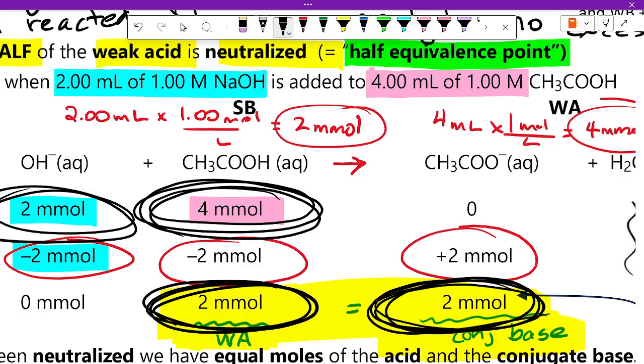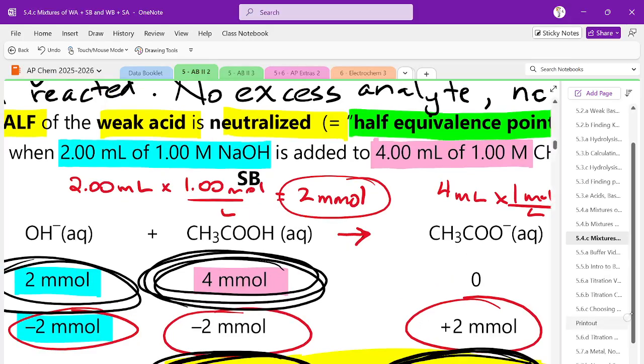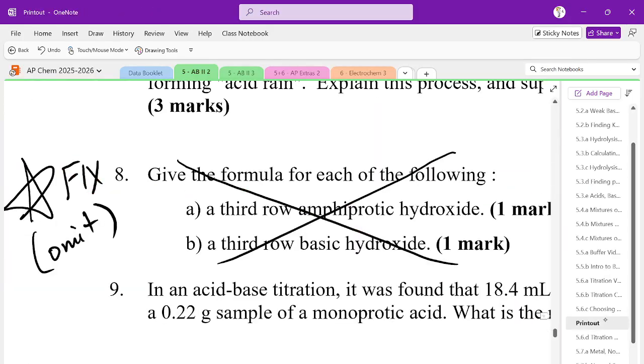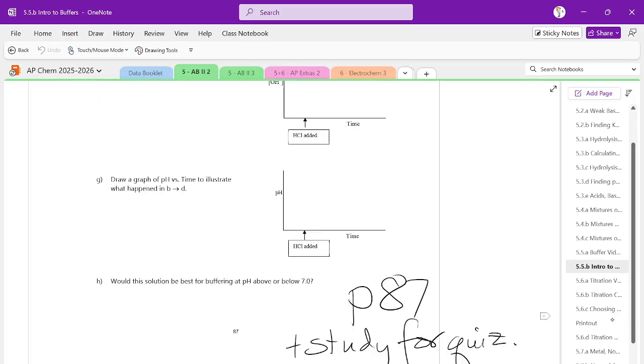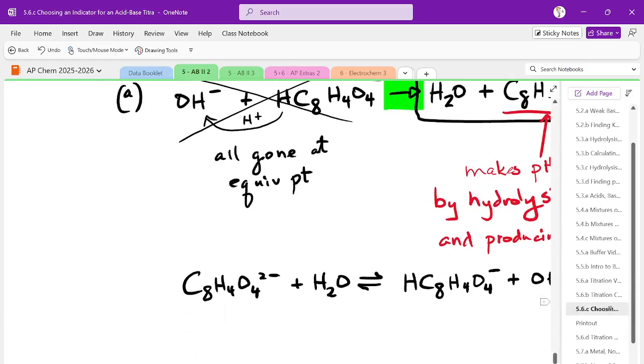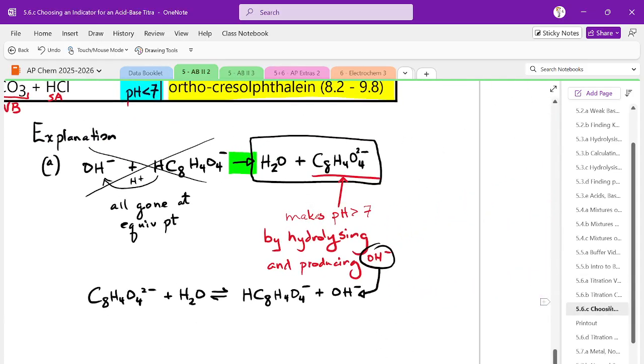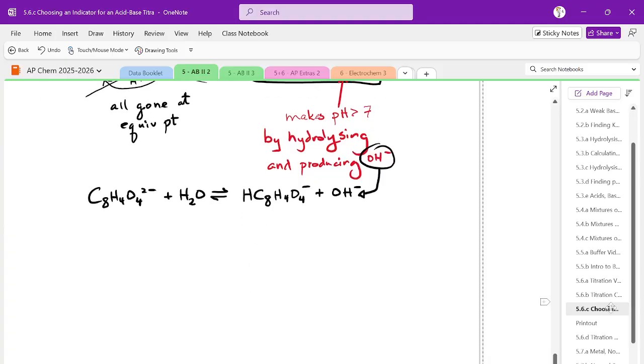And then at the equivalence point, you have OH minus plus HA, and let's say you started with 4 moles of this.